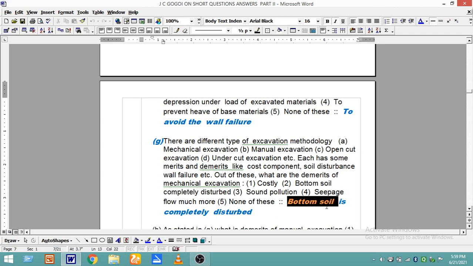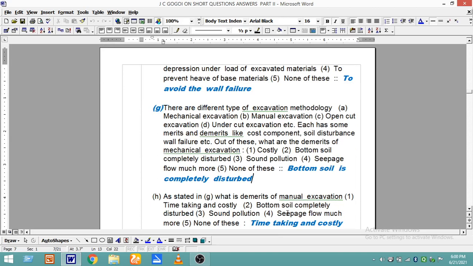The correct answer is bottom soil is completely disturbed, because in case of manual excavation it shall be gradual, while in case of mechanical excavation it shall be a little bit bigger.